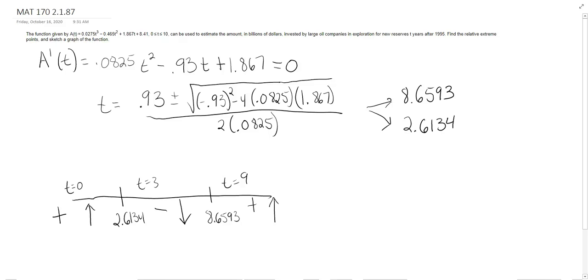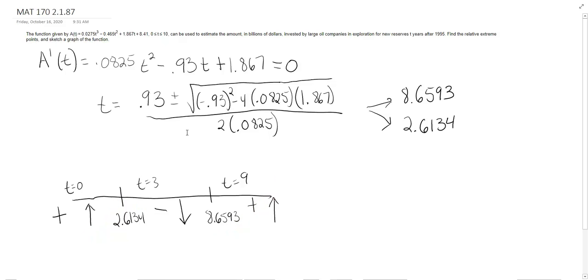If we think about what's going on here, I'm just going to draw a little sketch on my number line. Increasing, then decreasing, and then increasing again. So a graph that looks something like that.